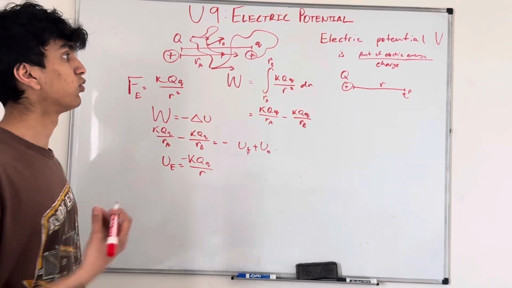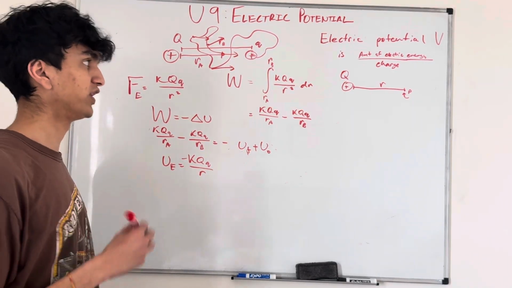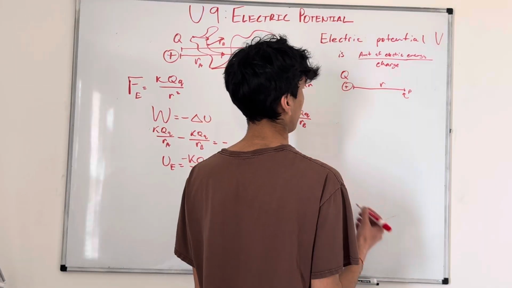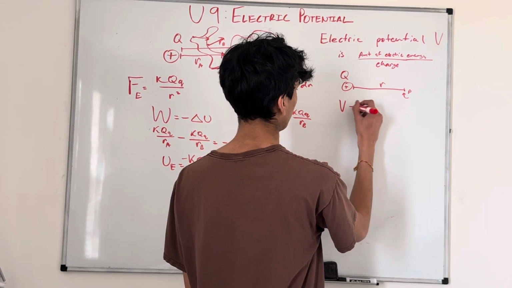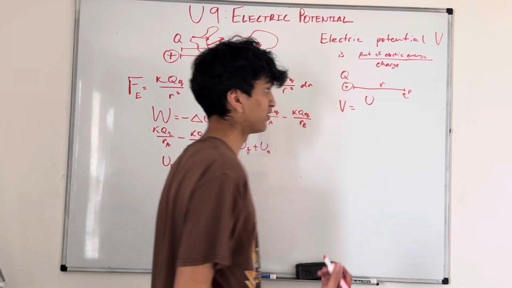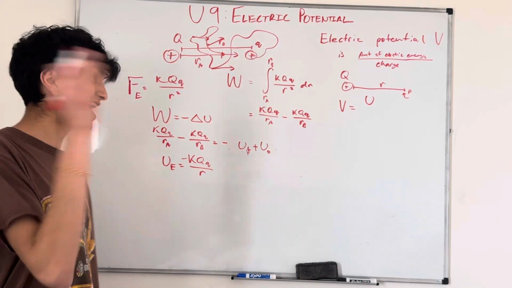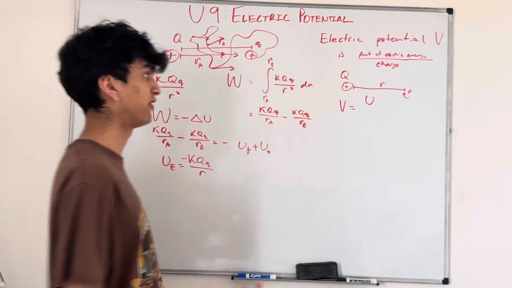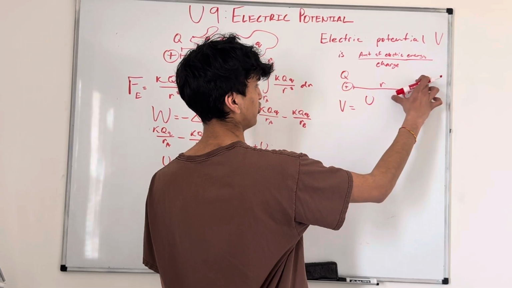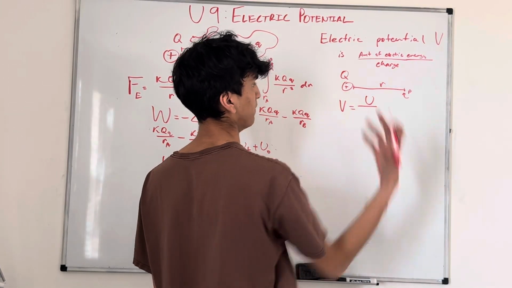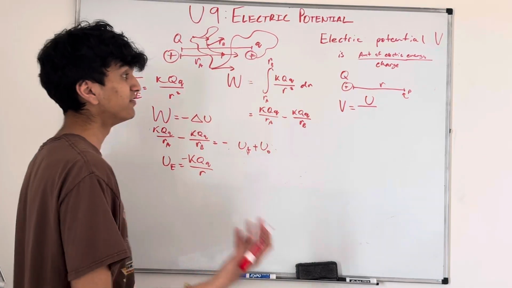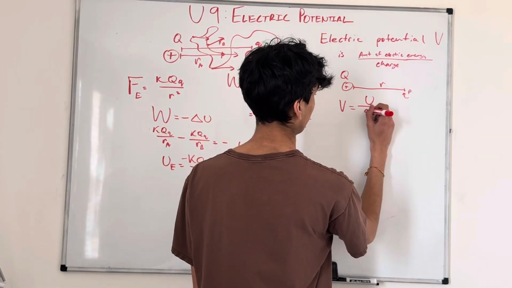what would the electric potential there be? Well, the electric potential at that point would be, if we imagine putting a test charge there, the V would equal the electric potential energy at that point divided by whatever that test charge is, Q initial, right?